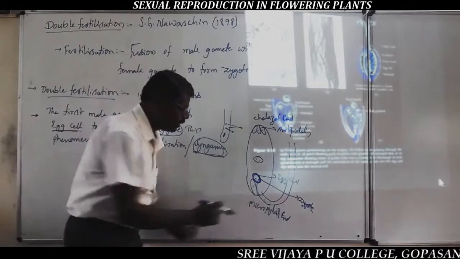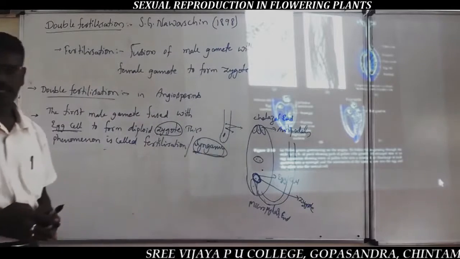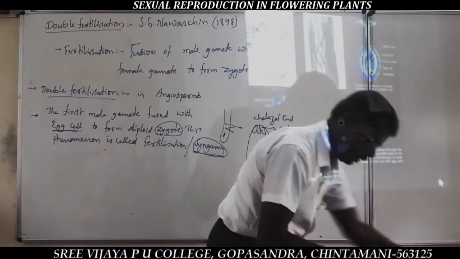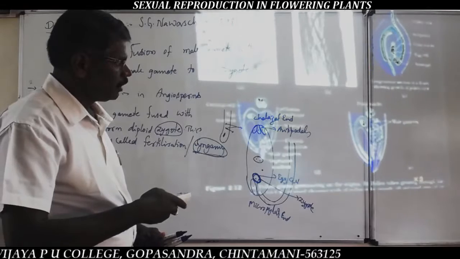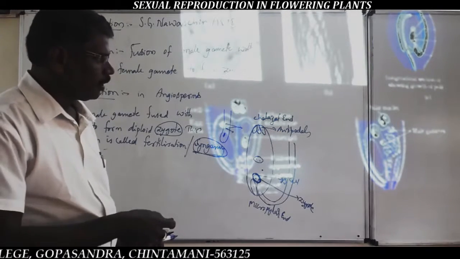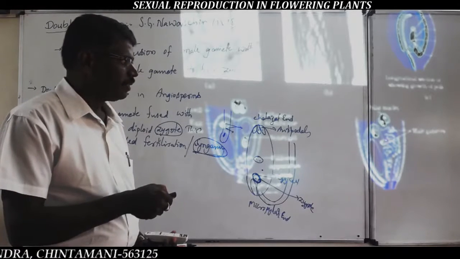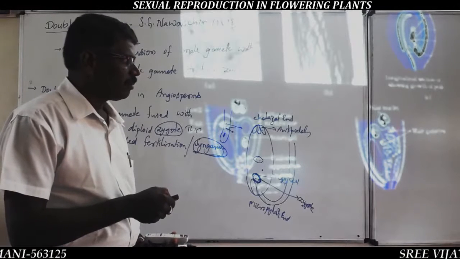As for the second male gamete, we can see it in the diagram. This is the first male gamete, and it fuses with the egg cell. This is the second male gamete.